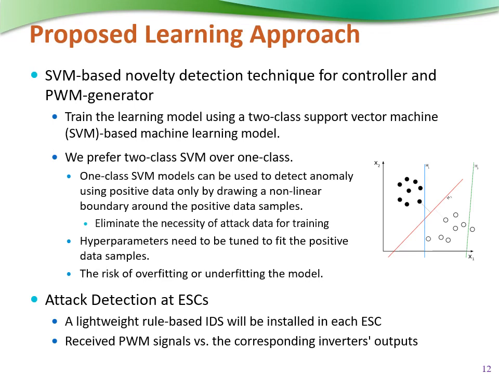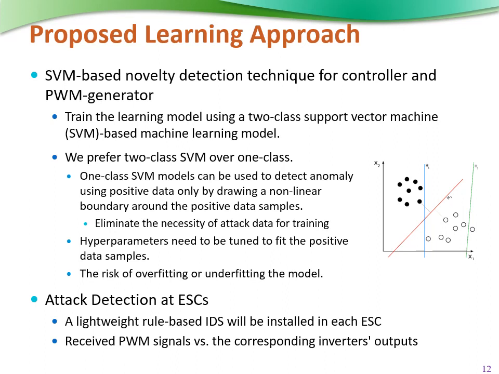To train our intrusion detection system, especially at the controller and the PWM generator level, we will use a support vector machine based novelty detection technique. For this support vector machine, that is SVM, there can be different kinds of kernels.